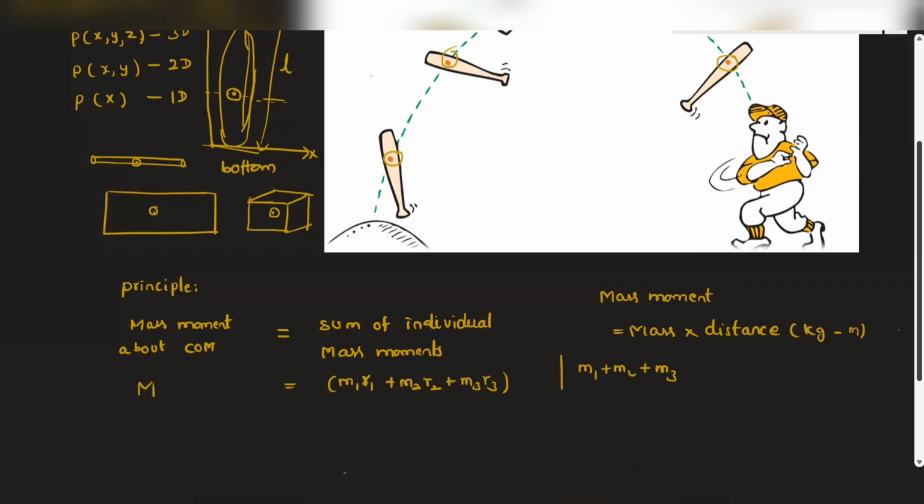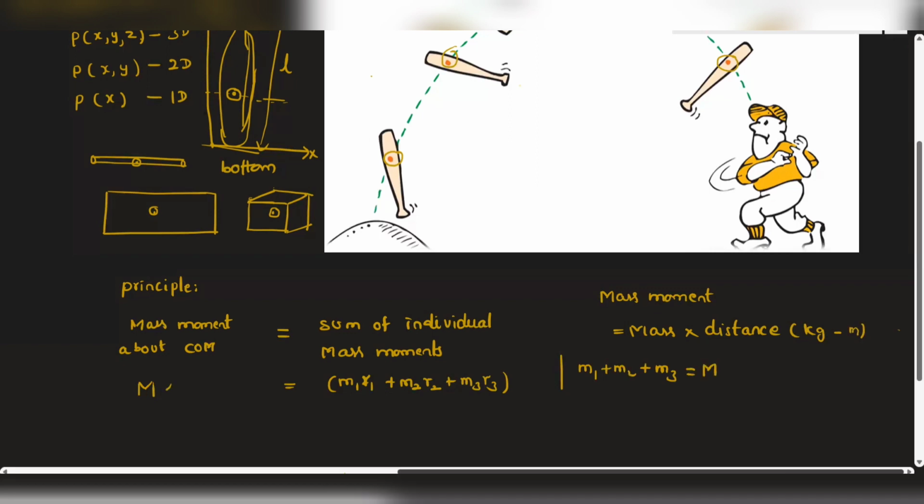So now the total mass is also having some moment about one point. What is that one point? We don't know. That point is taken as R. I want only R, because that is the value where the total mass moment is going to be balanced with the individual mass moments.